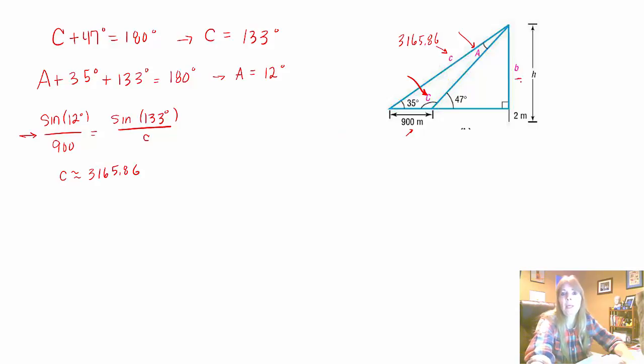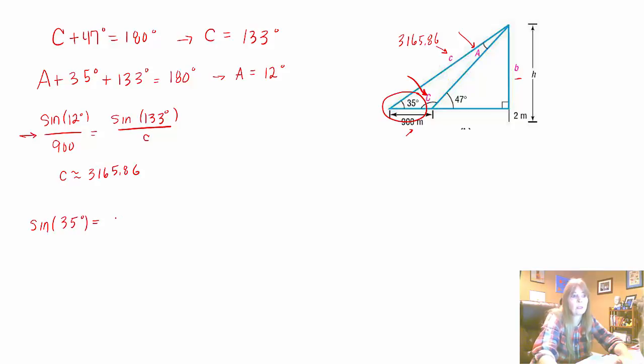Now from here, first thing I notice is I had to use law of sines this step, but to be able to get B, isn't this a right triangle? Yeah. So by looking at this angle, I could say the sine of 35 degrees, remember SOHCAHTOA, is opposite over hypotenuse, which in this case is B over the 3165.86.